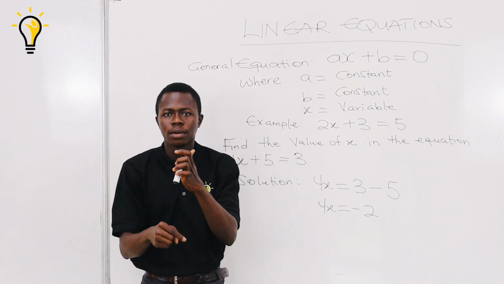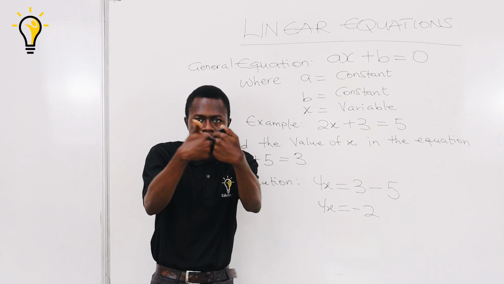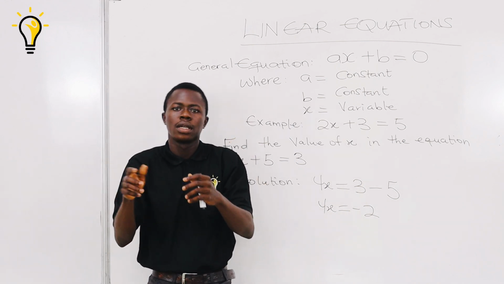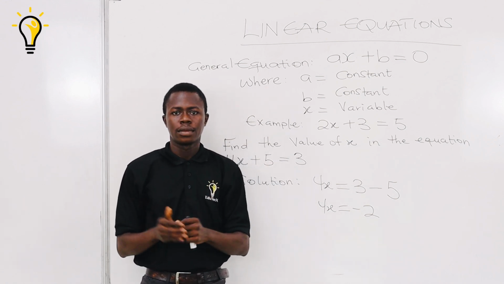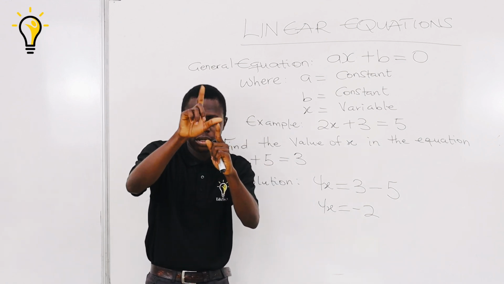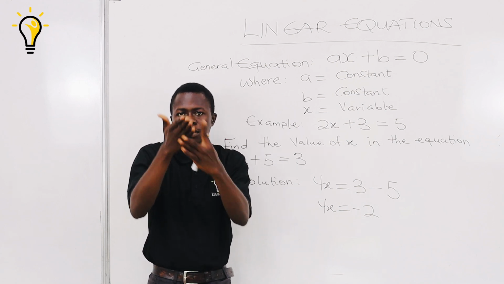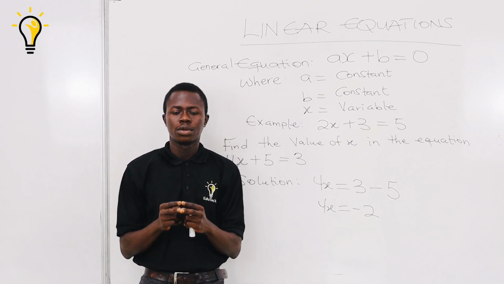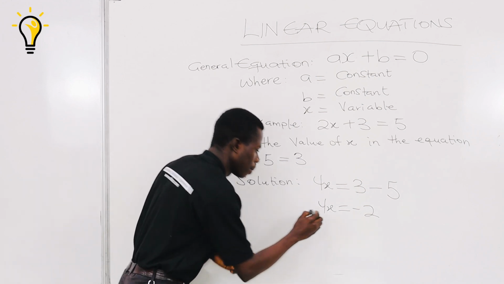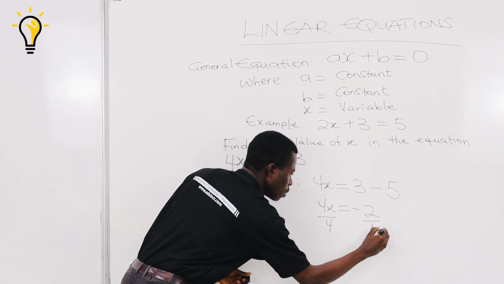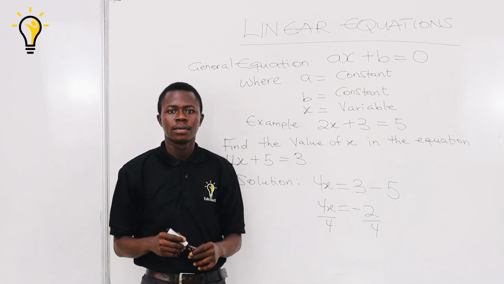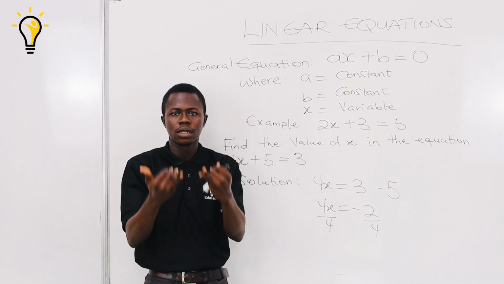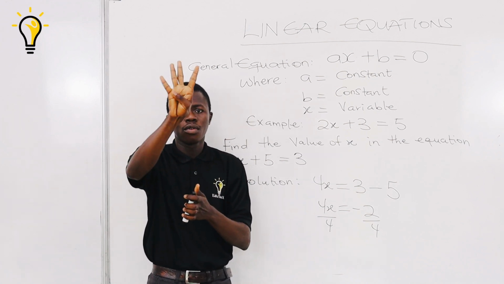Step number 3. We divide both sides of the equation by the coefficient of x. Again, we divide both sides of the equation by the coefficient of x. So let's try it. We divide both sides by 4, since 4 is the coefficient of x. We do the division now.